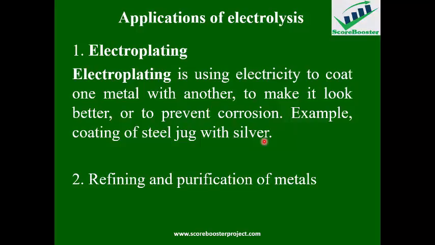I don't want to repeat the process again. At the anode, the impure substance goes into the solution as it loses electrons. Then the ions go towards the cathode and gain electrons. When they gain the electrons, you see the pure metal on the surface of the cathode, clinging to it.